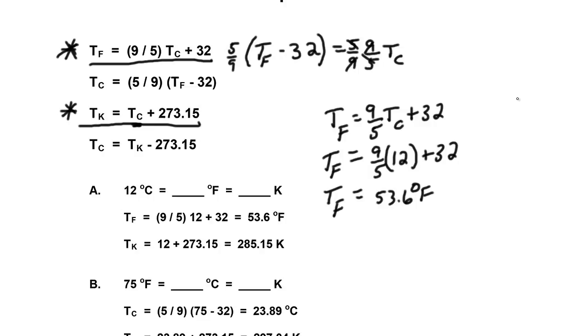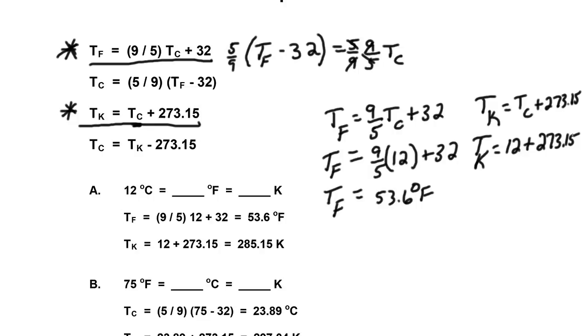Now, the temperature in Kelvin is equal to the temperature in Celsius plus 273.15. So the Kelvin temperature is the Celsius temperature, which is 12, plus 273.15. So we have 273.15 plus 12.